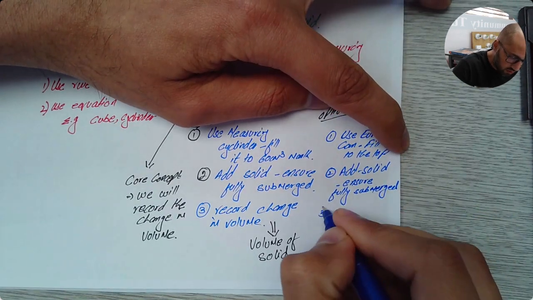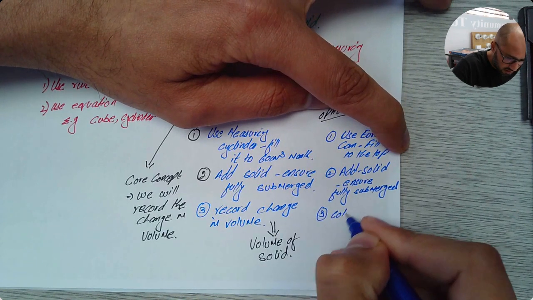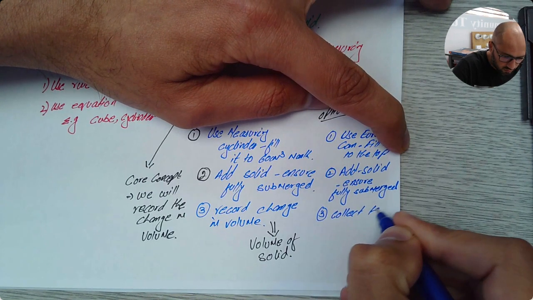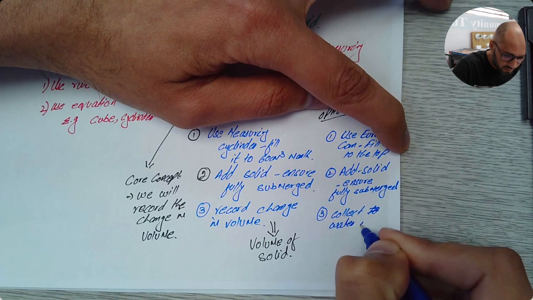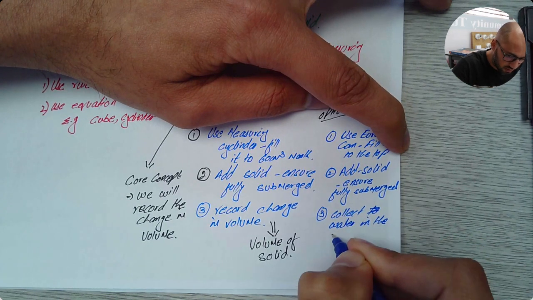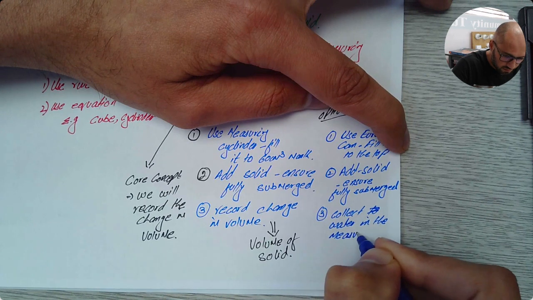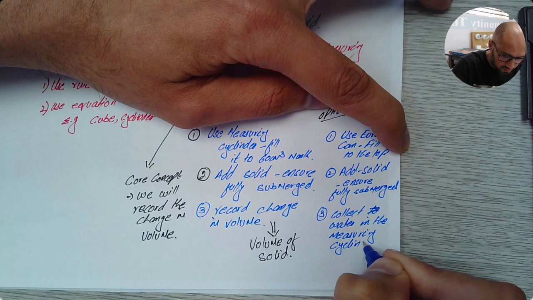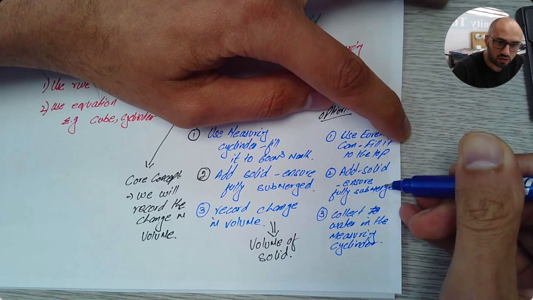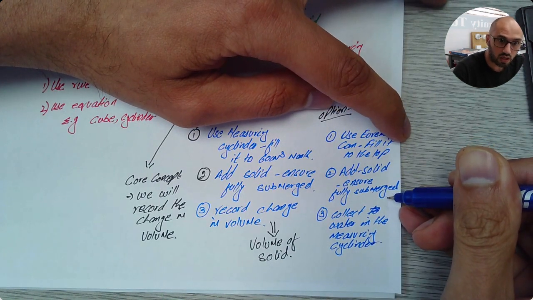Then number 3, you will say collect water in the measuring cylinder. So what will happen when you add solid to Eureka can? Water will come out of it.